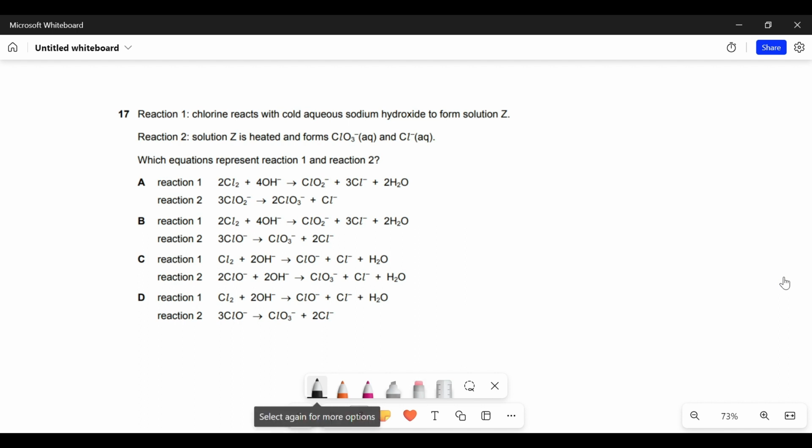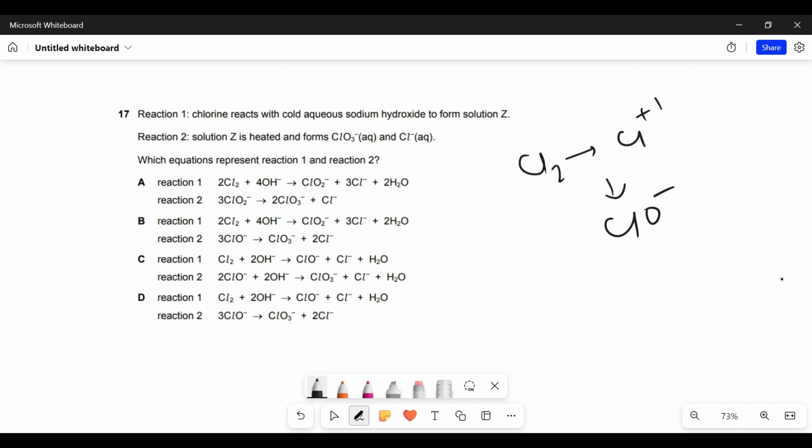Reaction 1. Chlorine reacts with cold aqueous sodium hydroxide to form solution Z. As we know, chlorine reacts with cold aqueous sodium hydroxide and gets oxidized to Cl plus 1 oxidation state. Cl2 is oxidized to Cl plus 1 oxidation state, and it forms ClO minus ion.